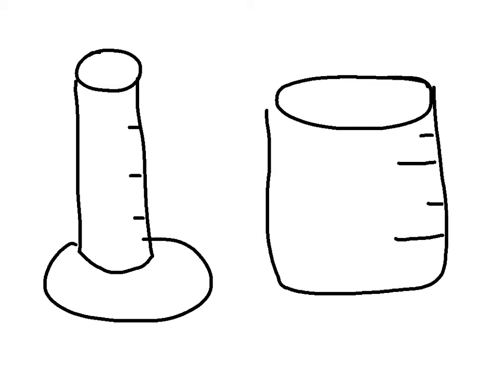Okay, if this is a 100 ml beaker, what does each mark represent? Versus if this were a 10 milliliter graduated cylinder, what does each mark represent? And then are there tiny marks in between that allow us to make more accurate readings?